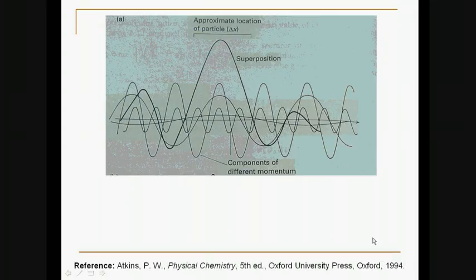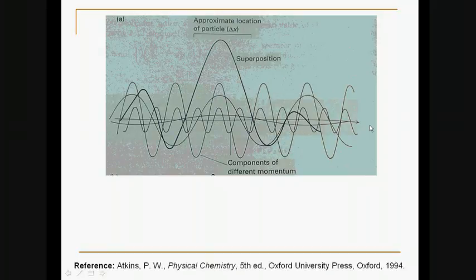Now let's keep this in mind for a moment and look at this picture that I have borrowed from this reference here. What we have here is several sine functions. For example, this is one, here's another one, and here is yet another one.